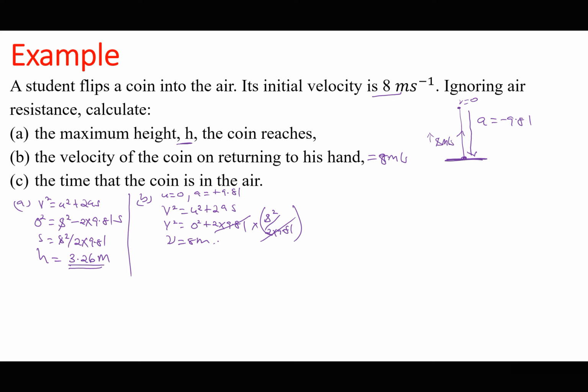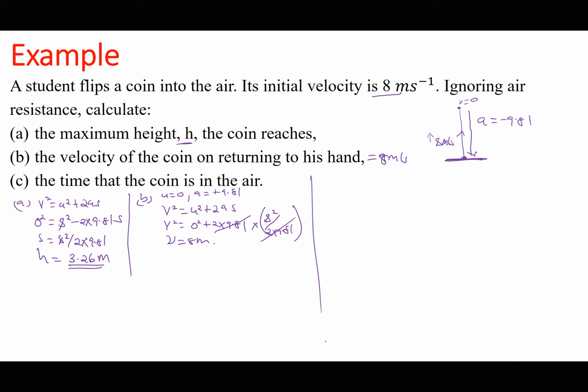Alternatively, you can find the time to reach the highest point and then use v equals u plus at. Of course, the time to reach the highest point is the time it will take to come back to the same point of projection, or to the hand. However, to simplify this, whenever the object is projected vertically upwards, the speed decreases by 9.81 meters per second every second.